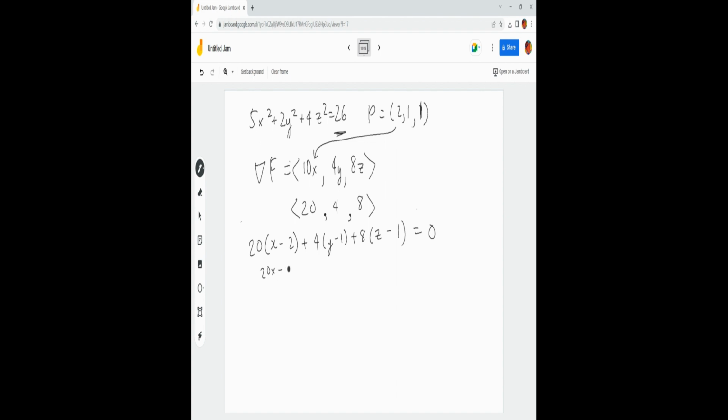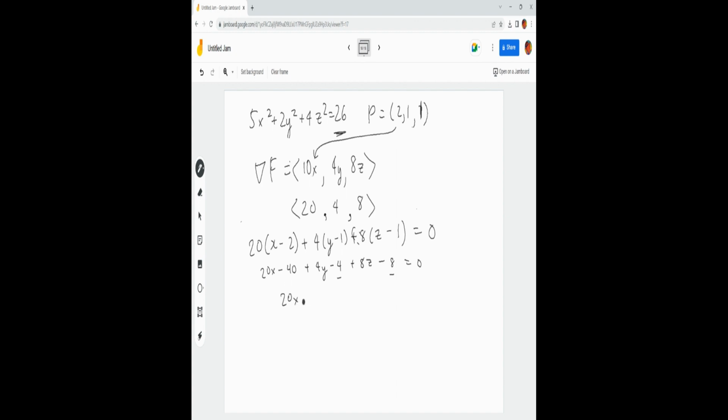Now if I do 20x minus 40 plus 4y minus 4, plus 8z minus 8 equals 0, then this should theoretically equal 26, which is, oh, it shouldn't.